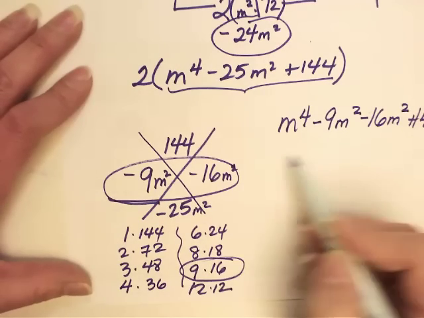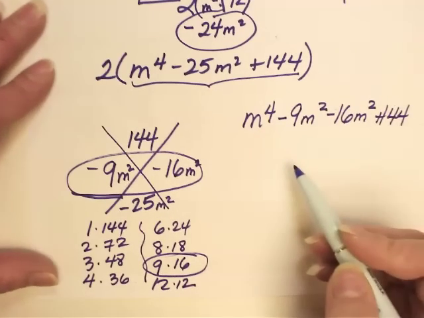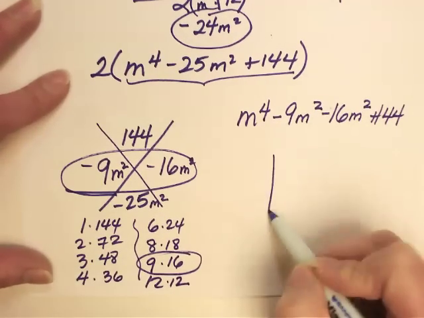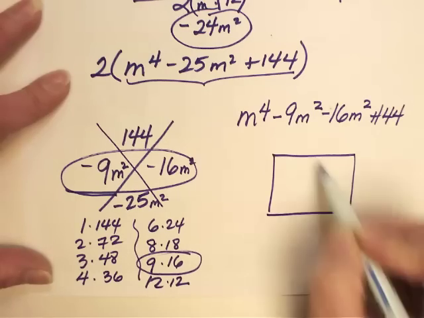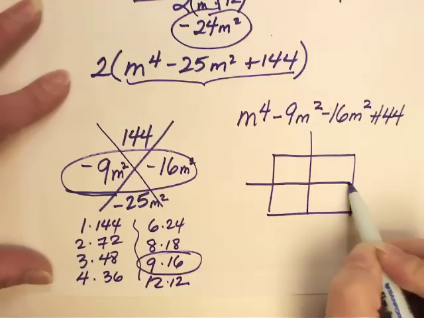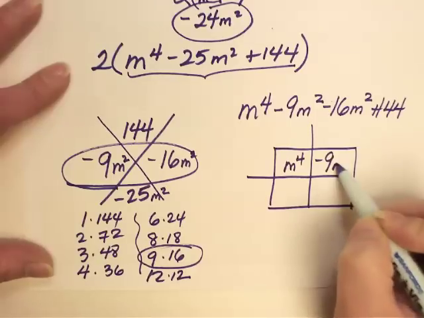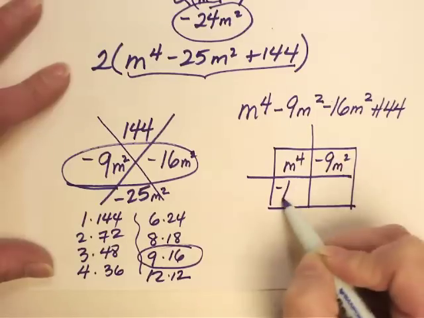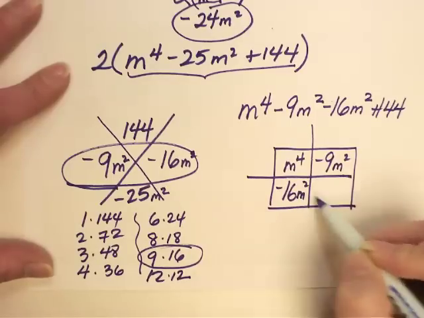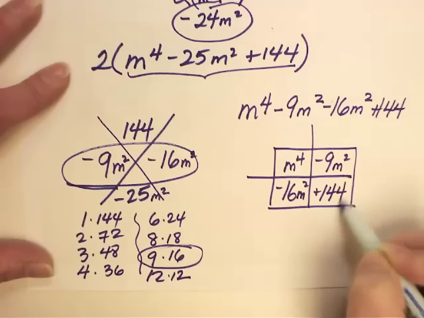And now I'm going to take this part and put it in my box. Okay, so let me set up my box right now. M to the 4th, negative 9m squared, negative 16m squared, and a positive 144.